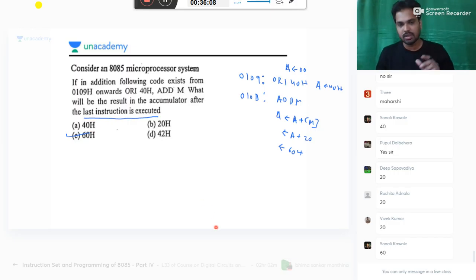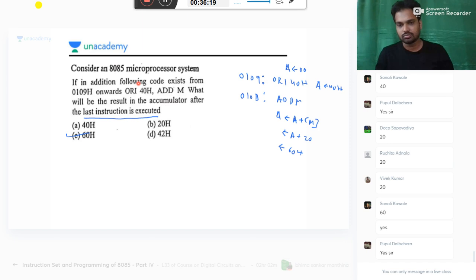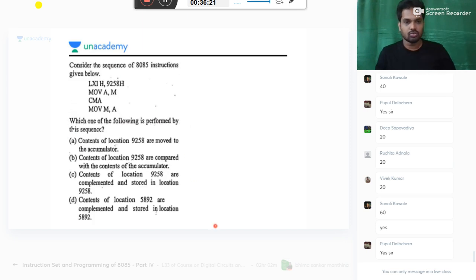So with this, please see, if you practice the questions now, automatically your revision is also completed. Revising the instructions is now easy. Let's go. Read this question. Where is Aditya?